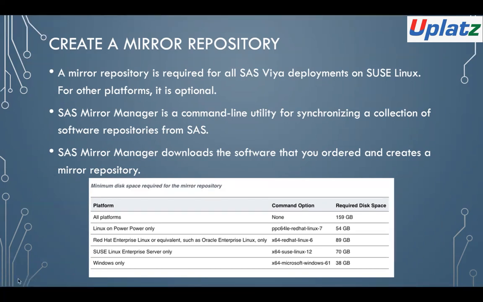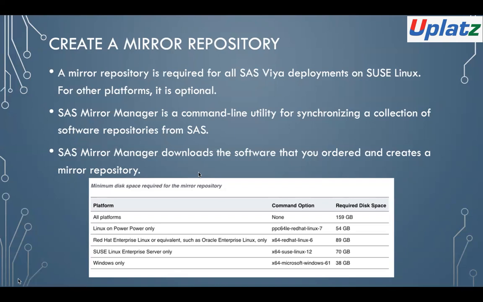So how are we doing this using the mirror manager? As I mentioned here, you will download the mirror manager along with your software order. You will receive an email from SAS Institute whose subject contains software order email, which indicates that you should have the SAS Viya deployment data zip file, and you have to save that.